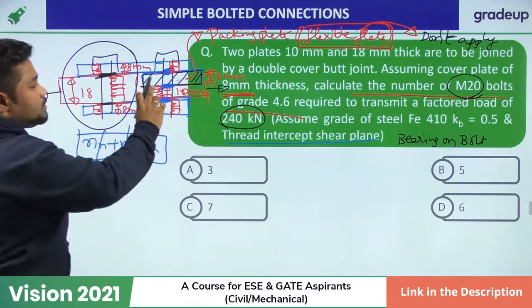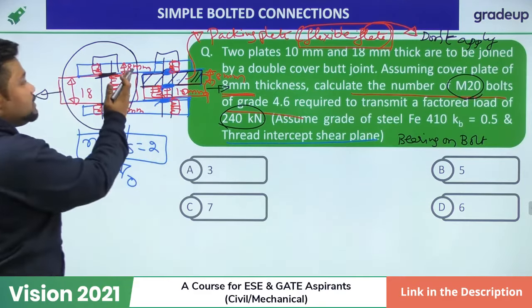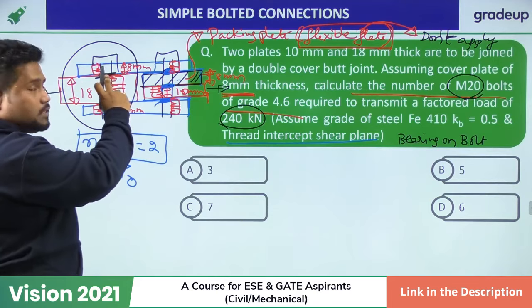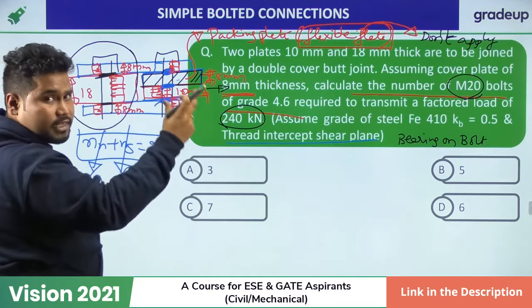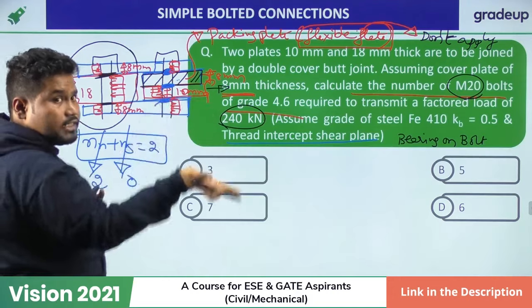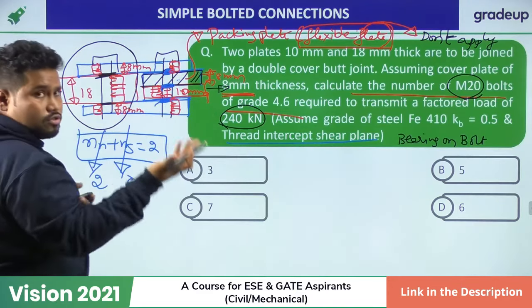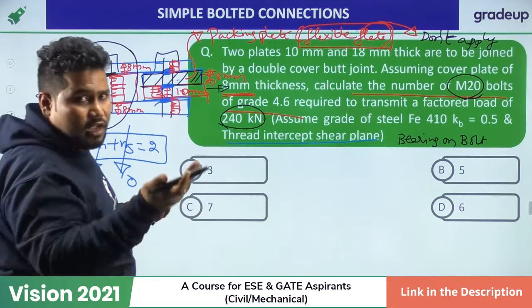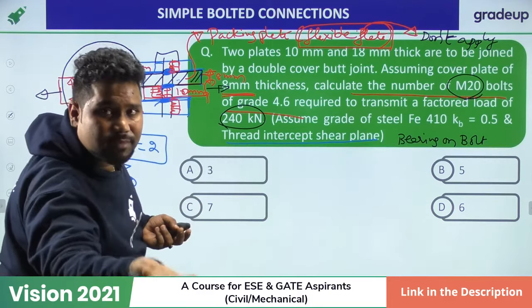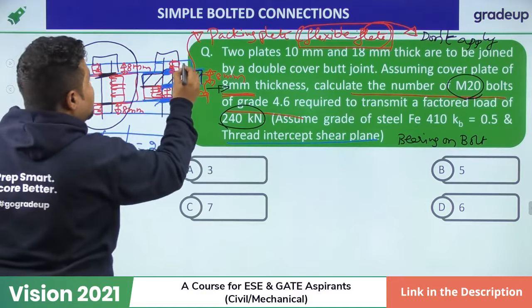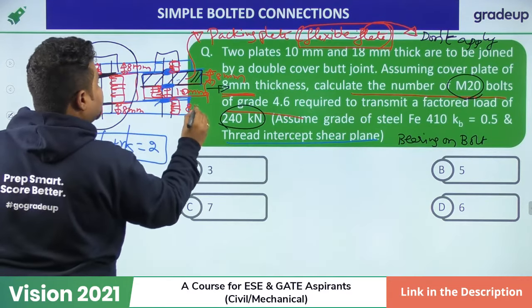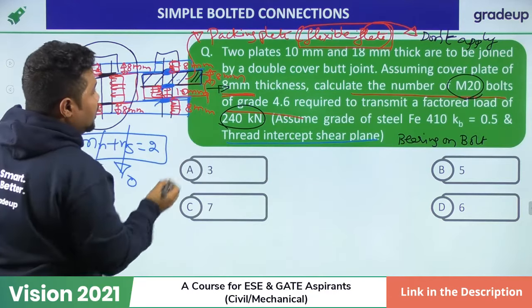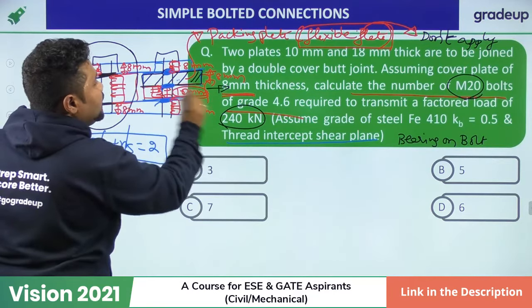So I need to underestimate the bearing strength. If I consider the left hand side, it will overestimate, because the thickness of the plates experiencing bearing stress in one direction is increased. So our assumption in the design philosophy is, if there are two such possibilities, our intention is always to underestimate. In such a case, if this is 8 and this is also 8, the cover plates' aggregate thickness is 16 and the main plate thickness is only 10.